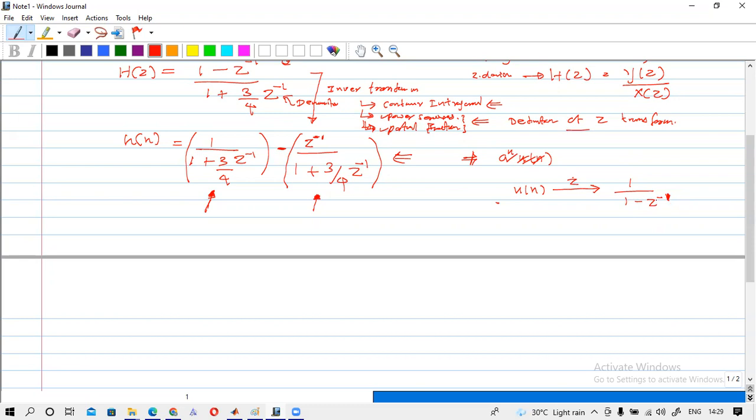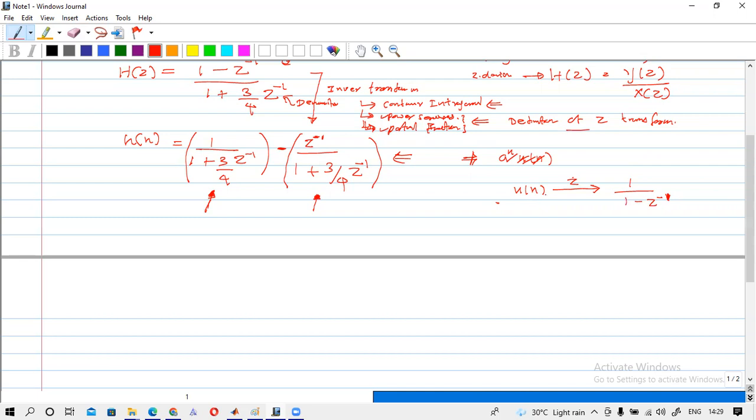I can remember this, but I don't expect you to remember this. I want you to know how to evaluate this. So this is the basic Z transform function, and you should be able to evaluate this using the definition.